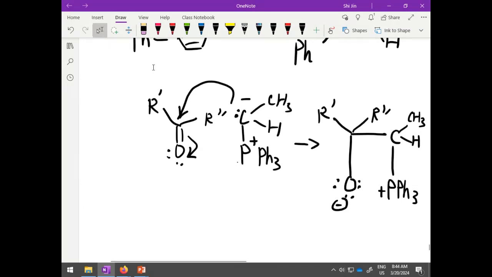So actually, it doesn't give you the typical intermediate we have here. Instead, it forms a four-membered ring structure. That's the intermediate.